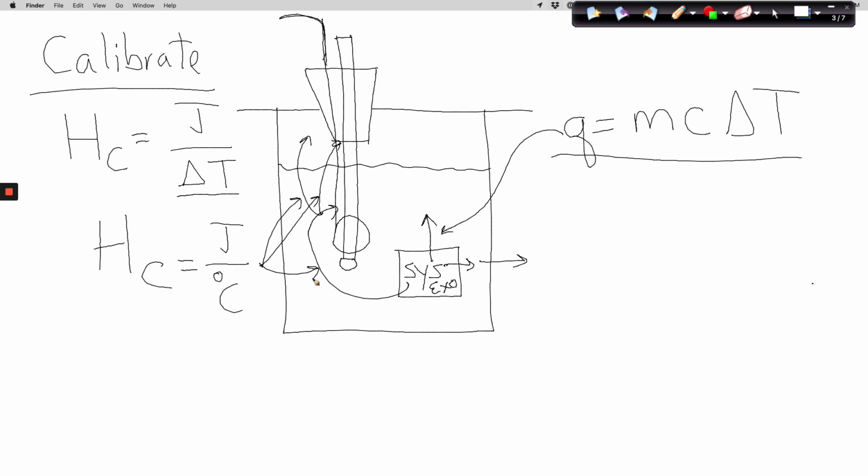So now we've tracked down 2 of our 3 energy absorbers. This is the energy absorption of the calorimeter. This is the energy absorption of the water. What's the other energy leak we've got to be able to quantify? Through the calorimeter into the room. Huh? Guys, this is brilliant.